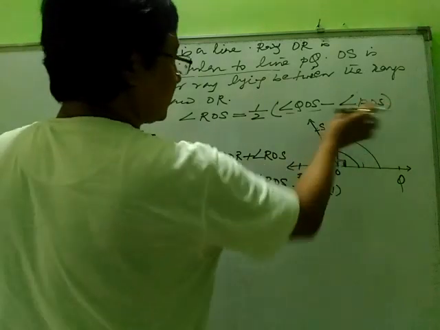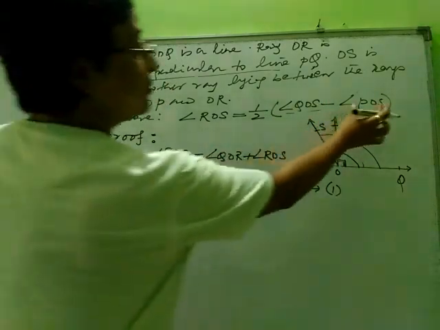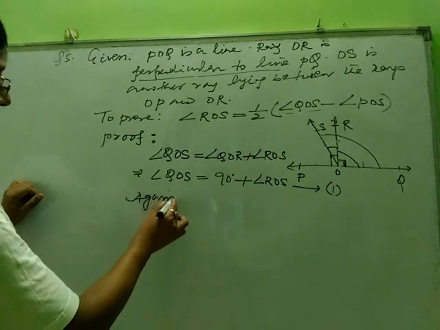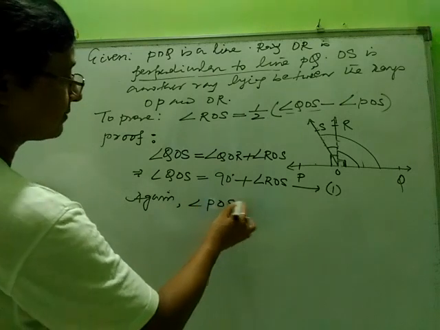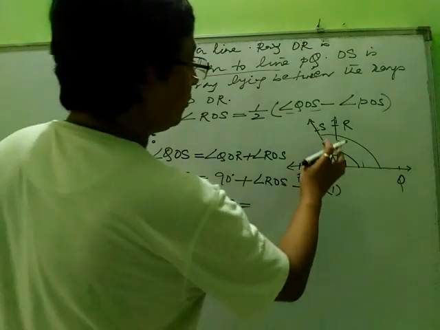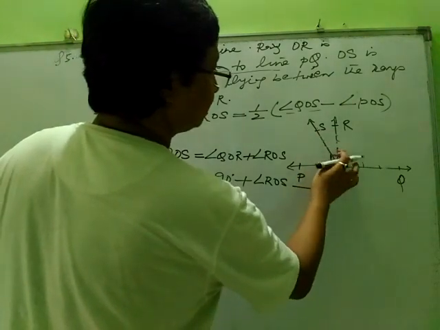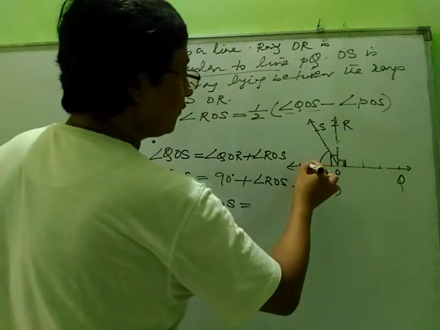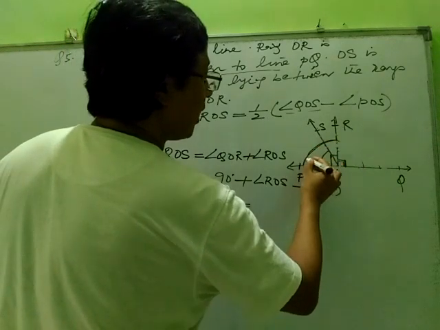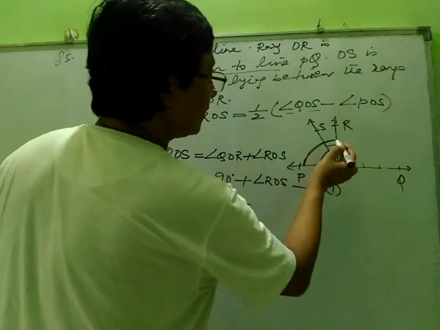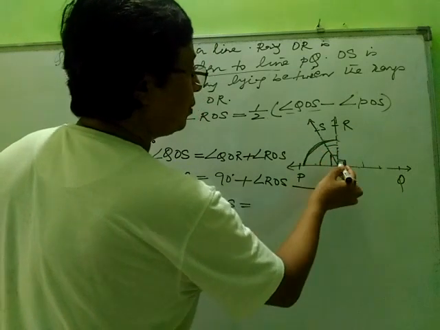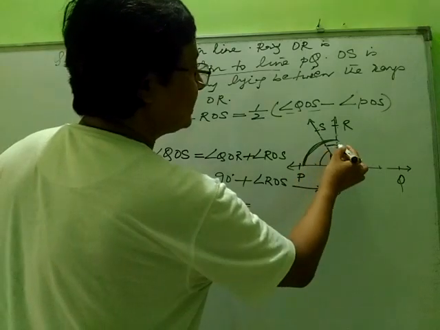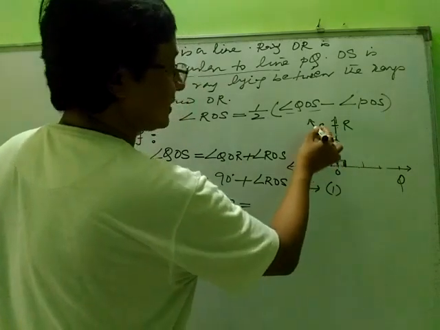Next you take POS. So again angle POS. How to get this POS? From POR, the whole angle, deduct this angle. From this part, deduct this angle. You will get POS.